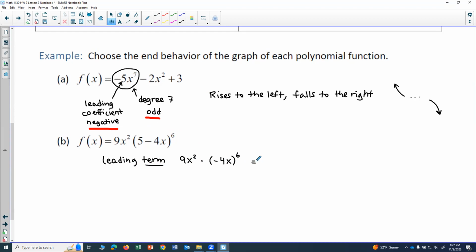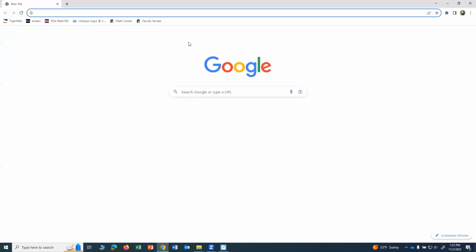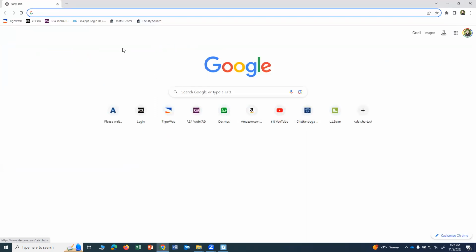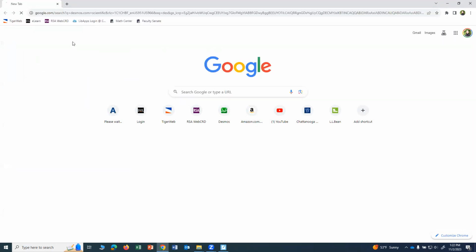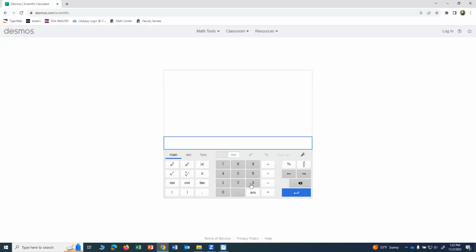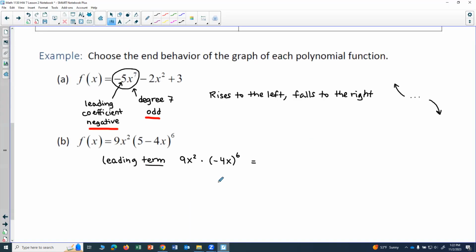Okay, so let me just figure out really quick what that would be. I'm going to go to the Desmos calculator, and I want the scientific calculator for Desmos. So I want to do negative 4 to the 6th power.